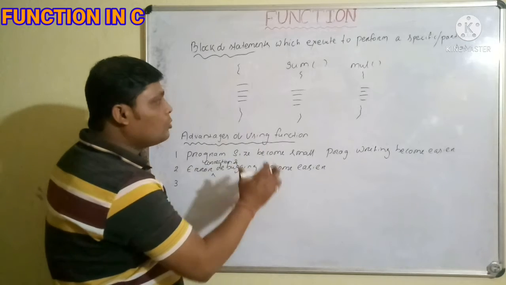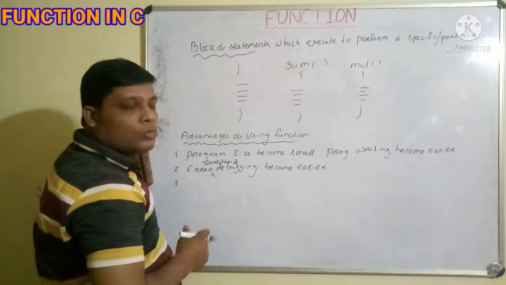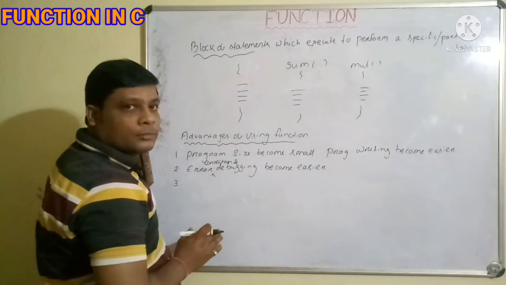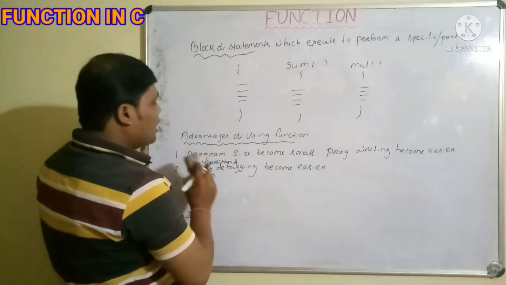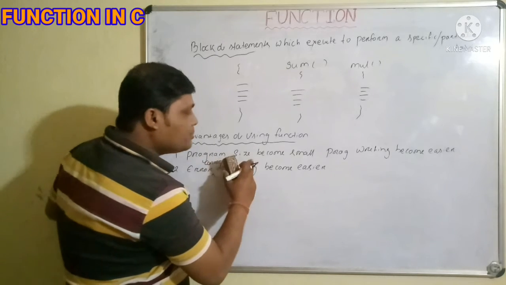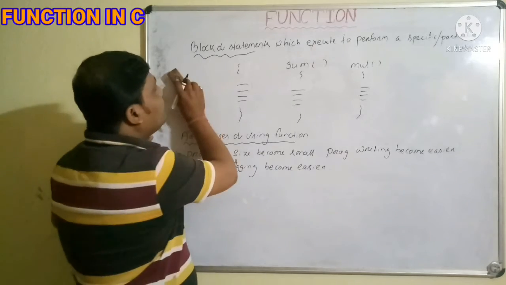Large program divided into small blocks, called functions, to perform a particular task of each block. Clear? Now see how program size becomes small using function. How will it be? Just see.